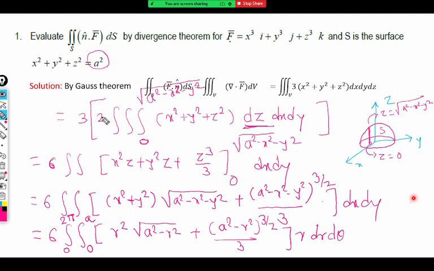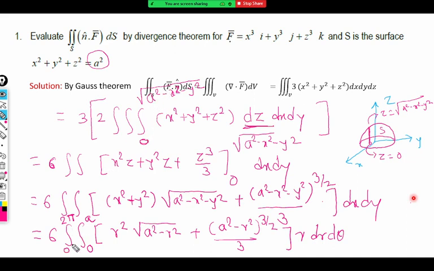Whether you are going to take from positive x-axis to negative x-axis only. That way you can take 8 times also. 8 times means only the part of the sphere in the first octant, that means positive x-axis to positive y-axis and positive y-axis to positive z-axis. In that case, if you write 8 times, the limits of z will be the same.